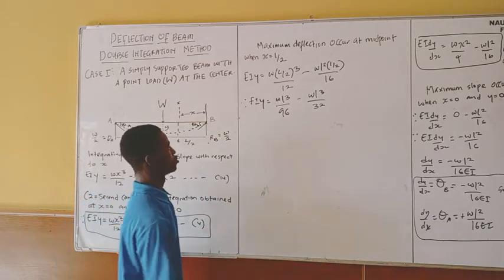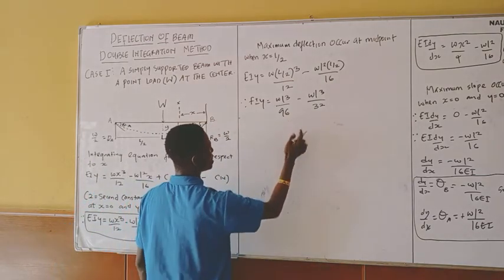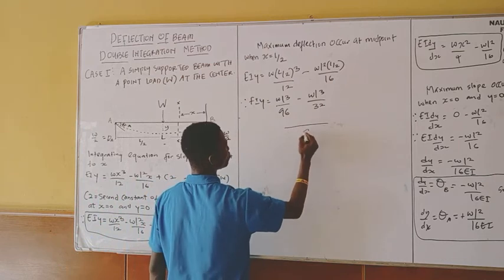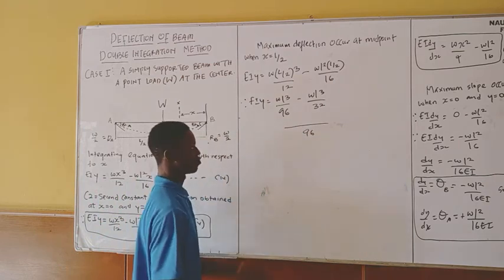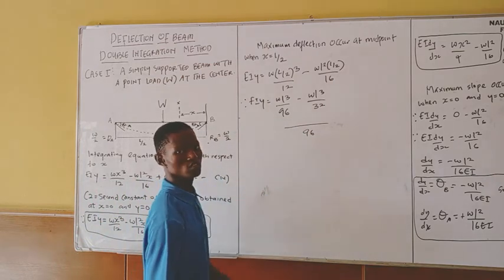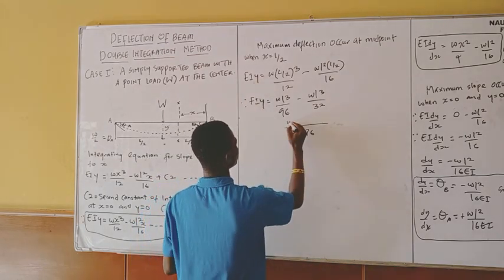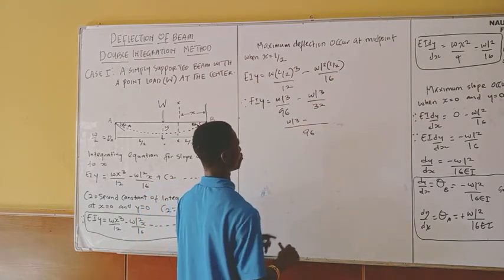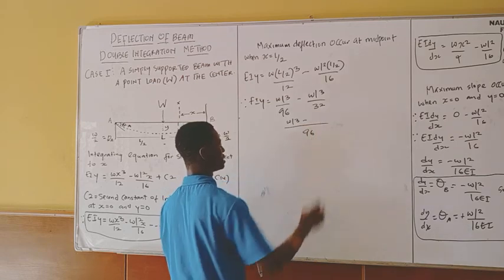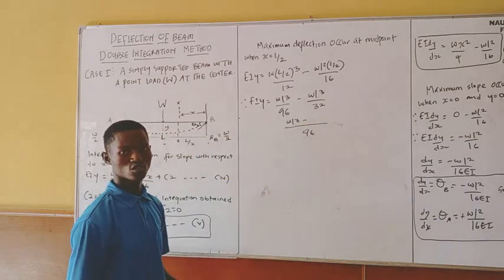It's very, very simple. So in this case now, we need to simplify this. If we simplify this, we are going to have the LCM of 96. Then 96 in 96 is 1. Then 1 multiplied by WL cube, in this case, we are going to have WL cube minus 32 in 96, which is going to give us 3.